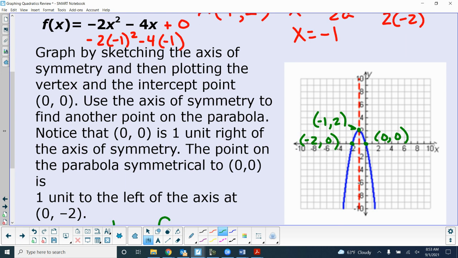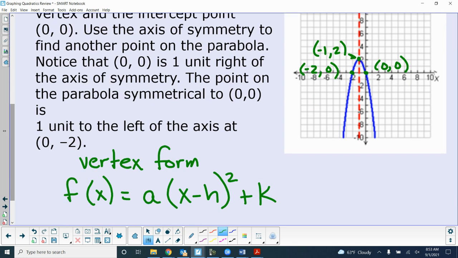Any other questions? Now, let's take it further. Does this have a min or a maximum value? Maximum value. Everybody understand why?